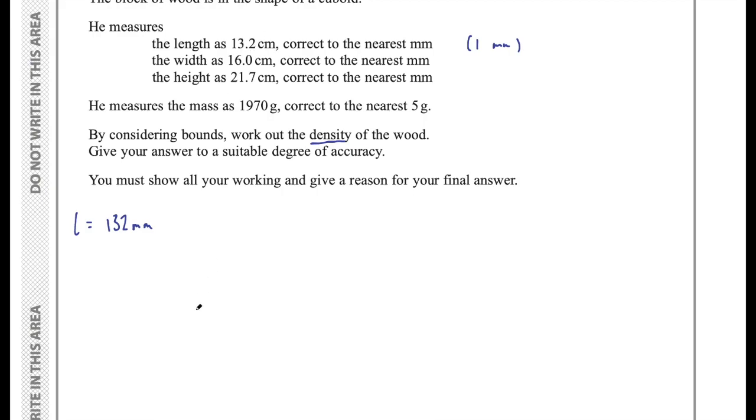As long as it's in the same units, this will always work. So if it's 132 millimeters, add 0.5 to get the upper bound and subtract 0.5 to get the lower bound. So the lower bound is going to be 131.5 millimeters and the upper bound is going to be 132.5 millimeters. And we're done for the length.